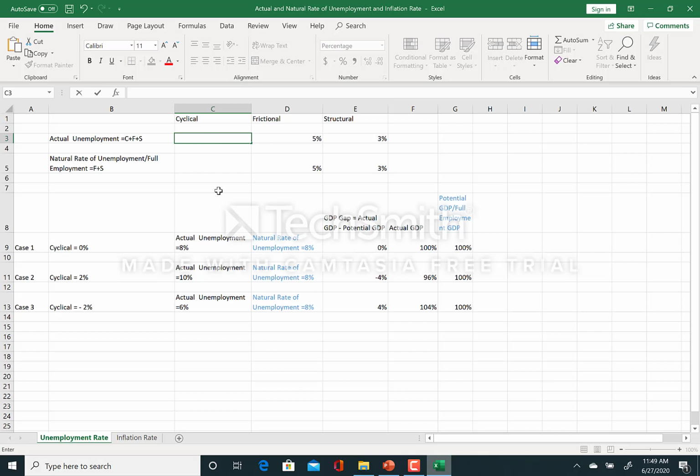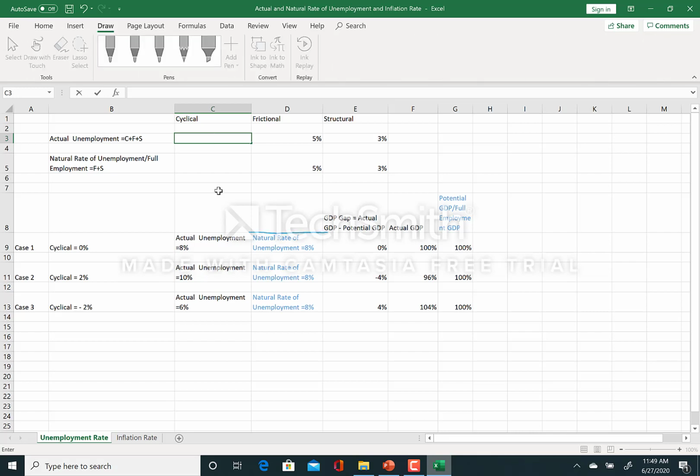And I will look at the GDP gap numbers. Take a look at case number 1, and just to let you know, this natural rate of unemployment, the cyclical component is always going to be equal to 0. So this isn't changing, it's always 8%.